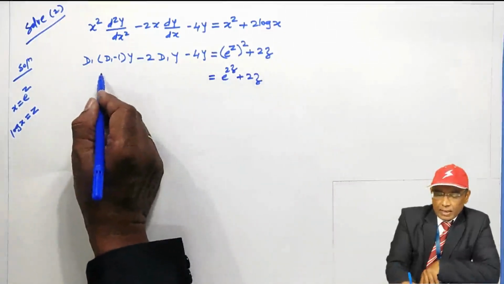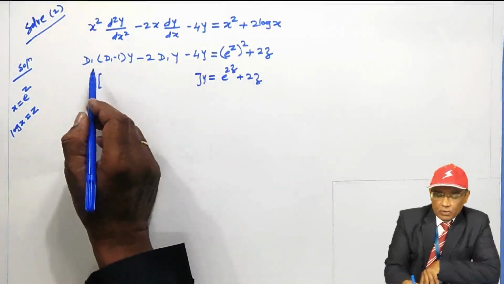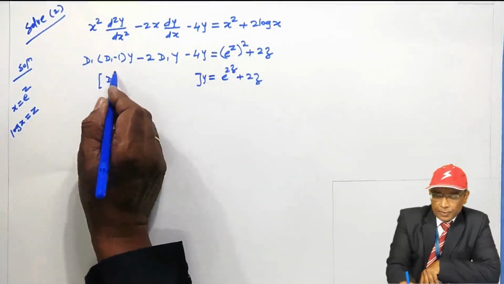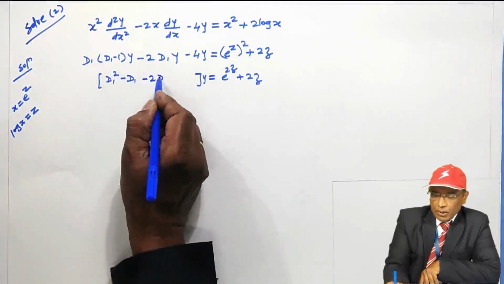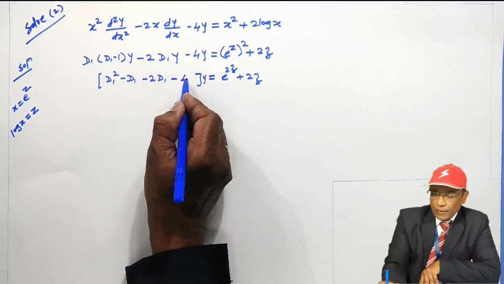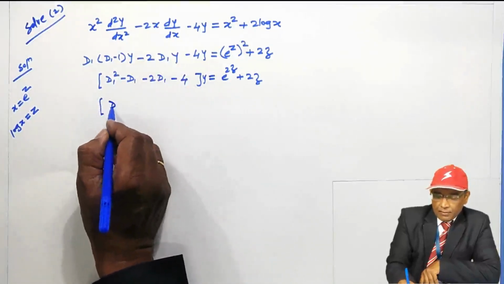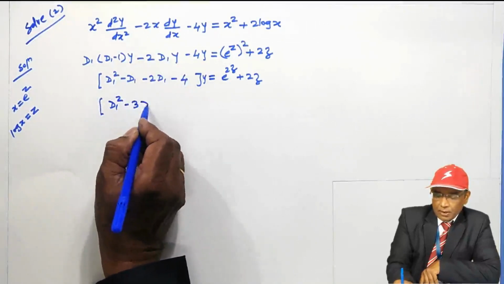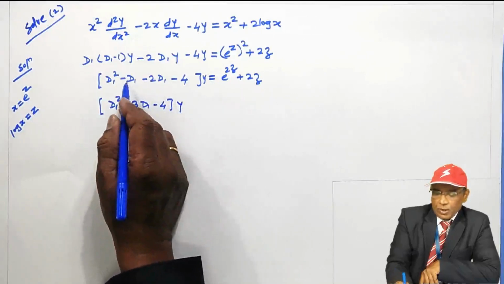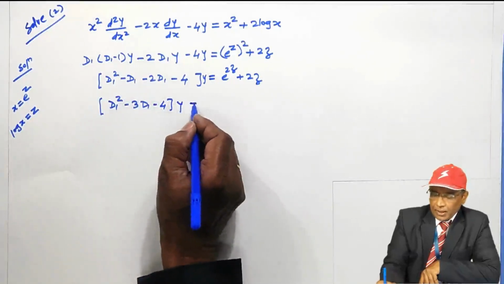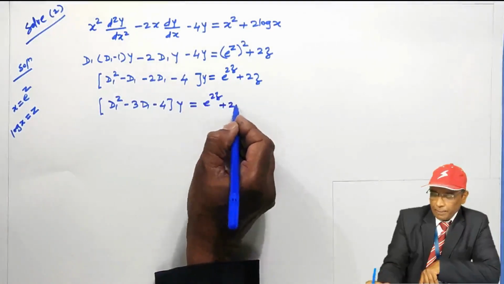Left hand side take y common, directly writing now D1 square minus D1, this into this, minus 2D1 minus 4. Now simplify one more step: D1 square minus 3D1 minus 4 y, minus 1 minus 2 is minus 3. Right hand side is as it is, e raised to 2z plus 2z.